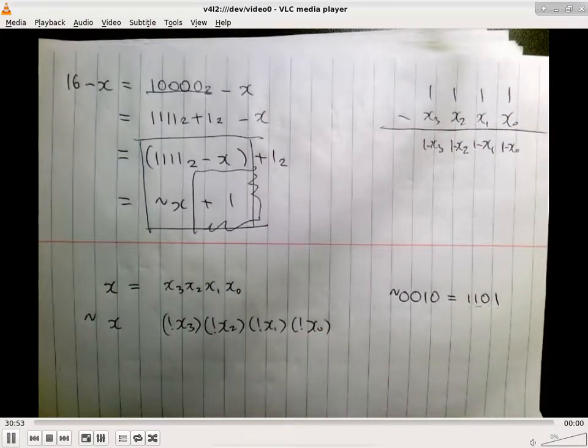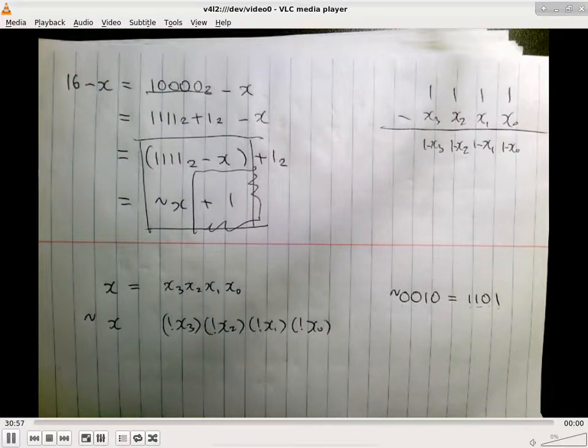Is that okay? Each of x0 up to x3 can only be a 0 or 1. What is 1 minus that bit? The opposite, it's the negation. So we are performing a bitwise not using a subtraction.